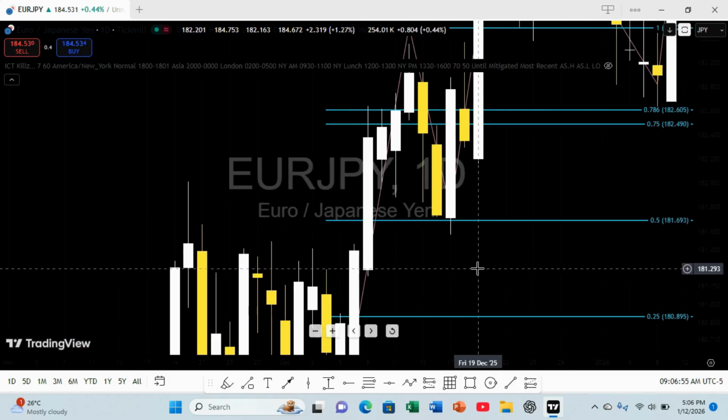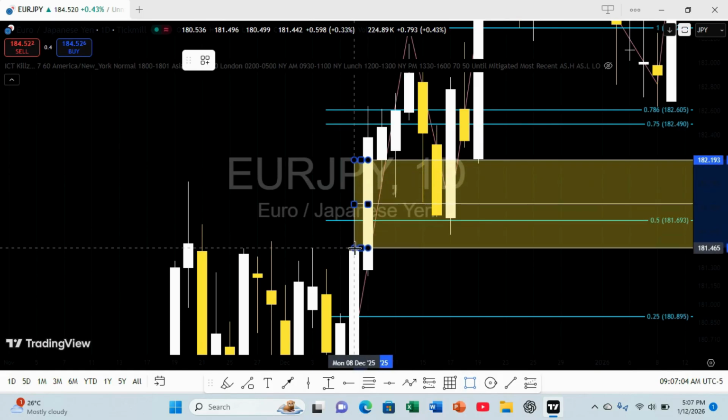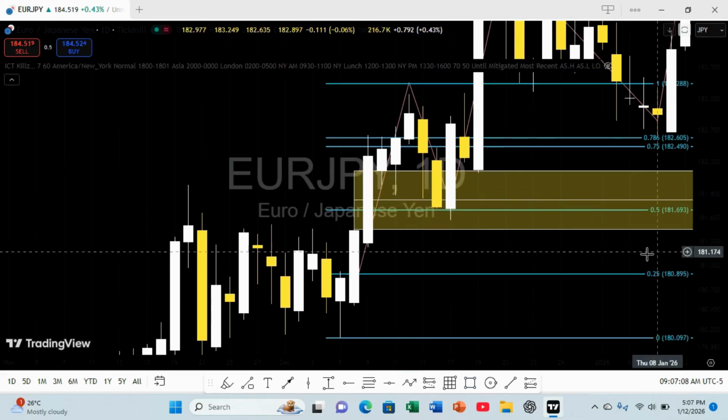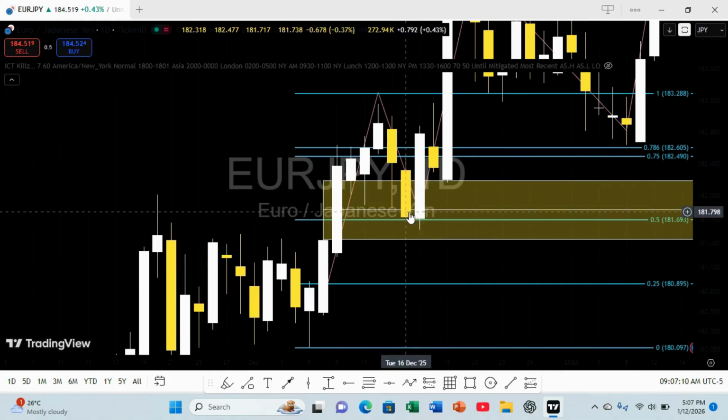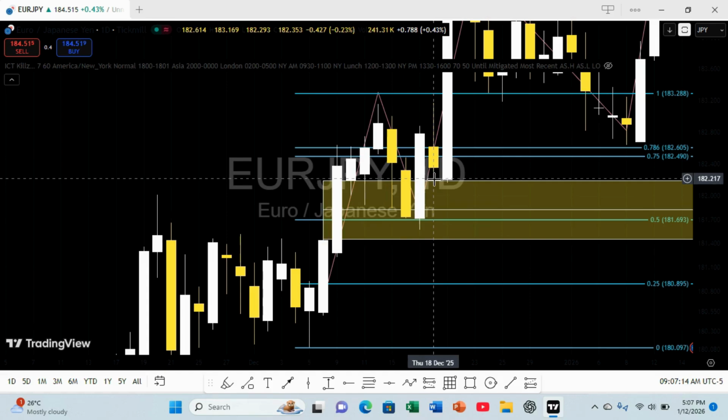181.693. Another thing that supported it was this fair value gap within the equilibrium price level. The middle of the fair value gap is called consequent encroachment, then there is the low of the fair value gap and the high of the fair value gap.